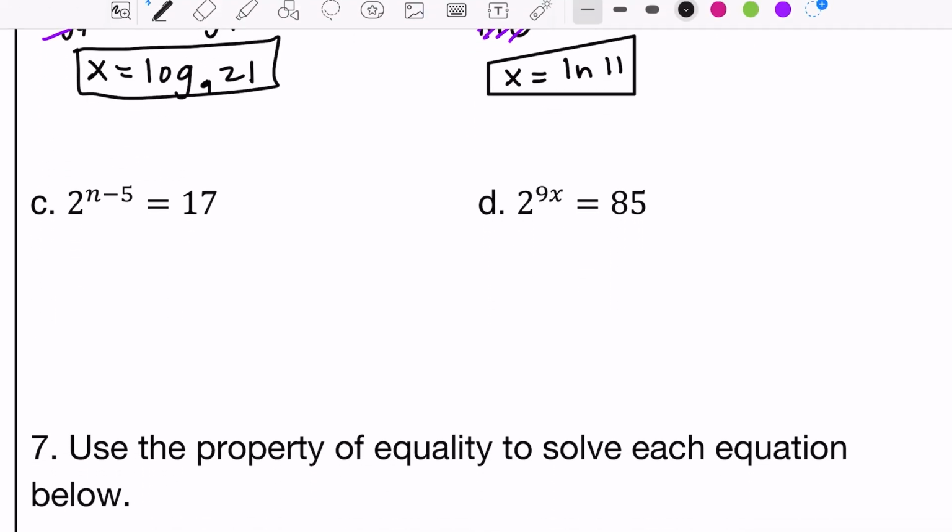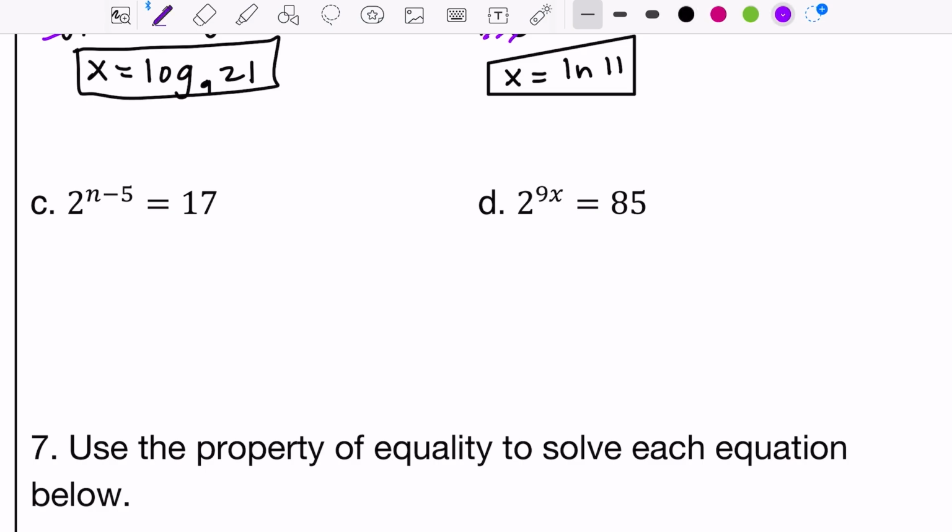Now we got a couple more steps on these ones. This is base 2. So what we're going to do is make sure that when we reverse base 2, we do it with the logarithm of base 2. So you can see what I'm really doing is this piece is here, and then I'm taking a log base 2 of both sides. So then 17 ends up here, and you can see that there's a log base 2 of both sides.